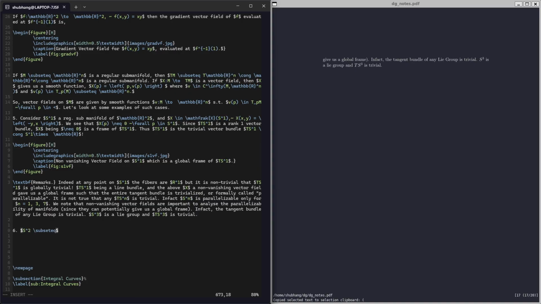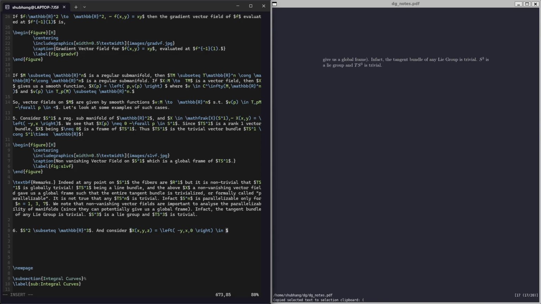S2 subset of R3. Consider the vector field X at (x, y, z) equals (-y, x, 0).